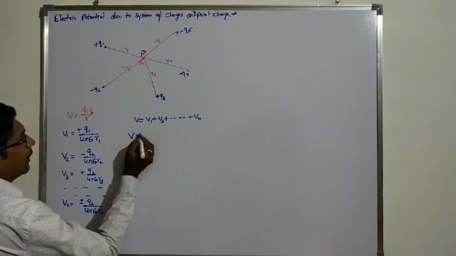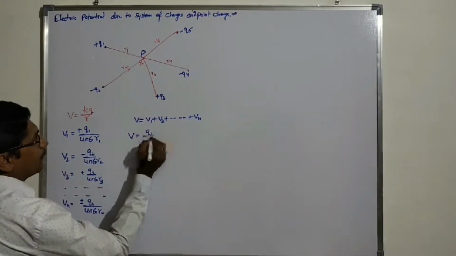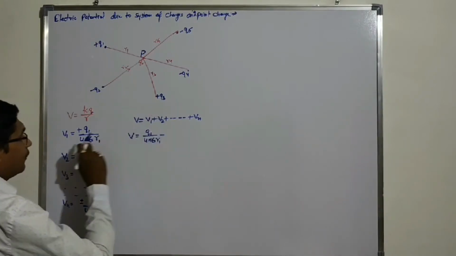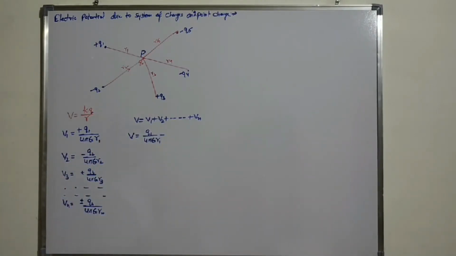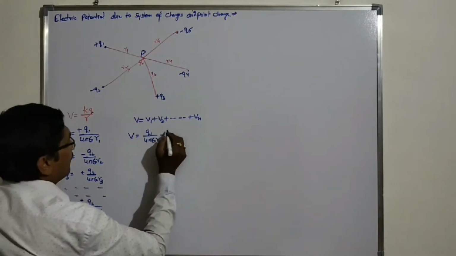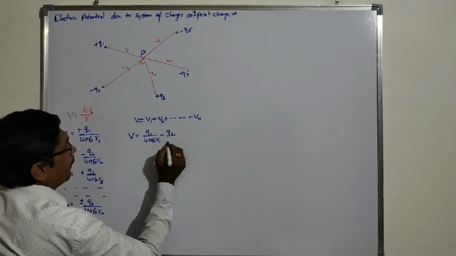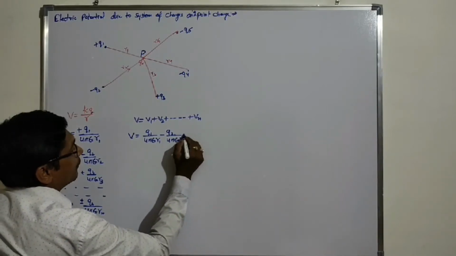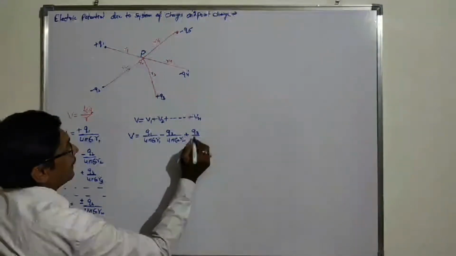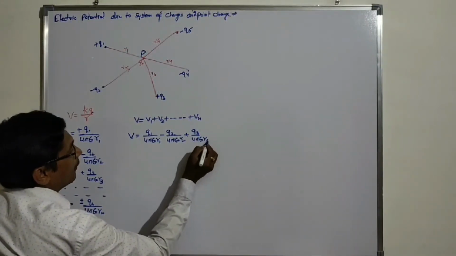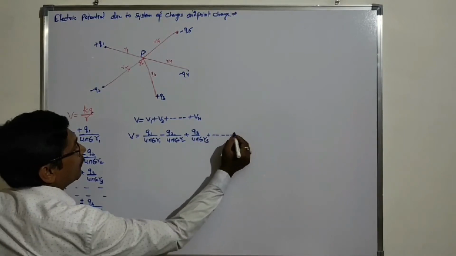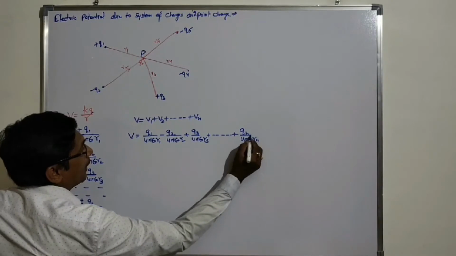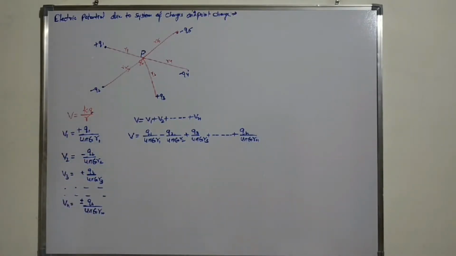Now we can put the formula: V1 equals Q1 upon 4 pi epsilon naught R1, and V2 is a negative charge, that's why V2 equals minus Q2 upon 4 pi epsilon naught R2, plus Q3 upon 4 pi epsilon naught R3, up to Qn upon 4 pi epsilon naught Rn. Clear?